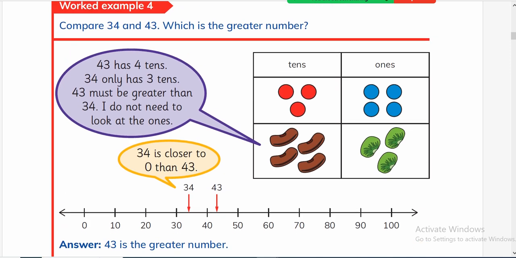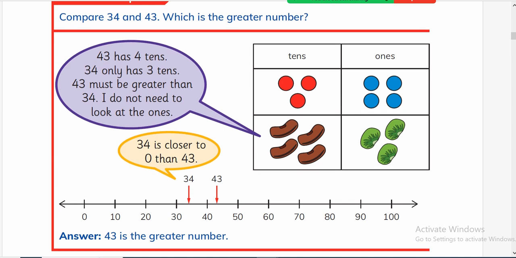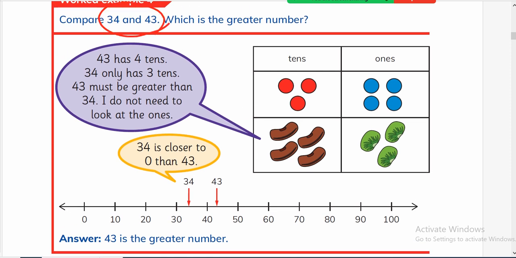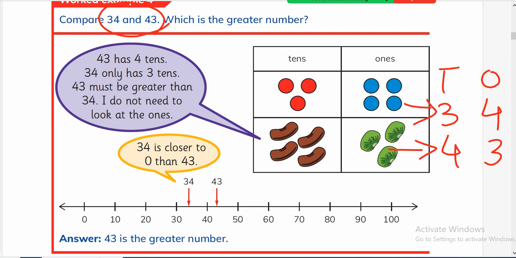Worked example number 4. Compare 34 and 43. This is what I told you, that place value really matters. These are tens, these are ones. It is 34, and when we write 43, the numbers are entirely changed because we have changed their place value.